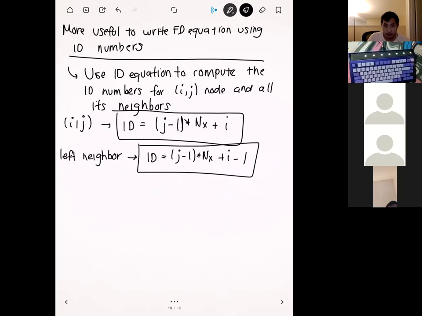Similarly for the right neighbor, instead of i we're going to have i plus 1.